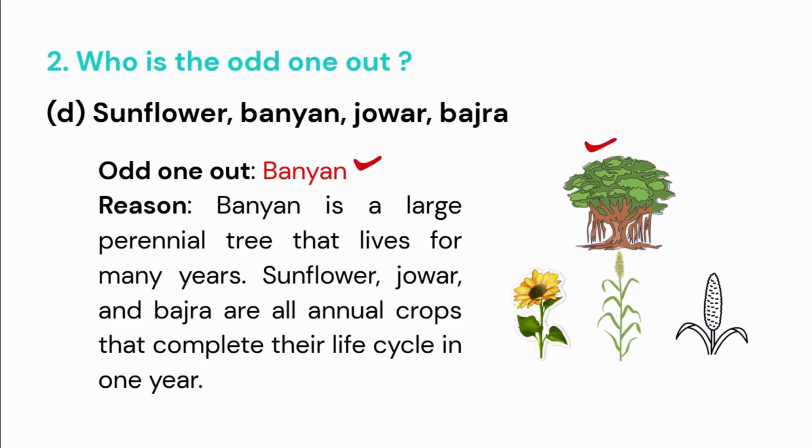What are perennial trees? Perennial trees live for many years, while sunflower, jowar, and bajra all are annual crops that complete their life cycle in 1 year. These three plants can live for only 1 year, while the banyan tree can live for a long time. That's why banyan tree is the odd one out.